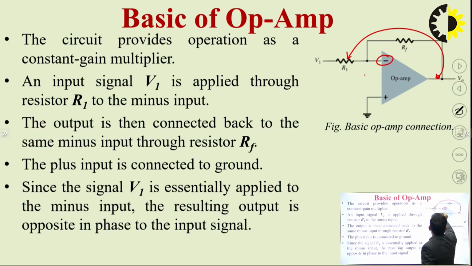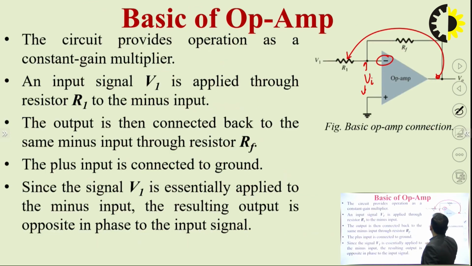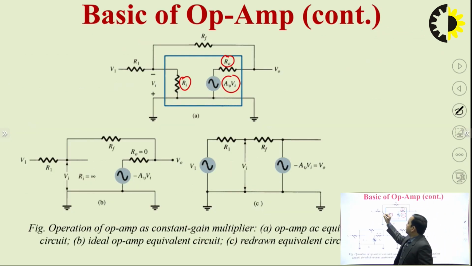Let's say this is Vi. Now we have R1 and RF. This one was R1 and this one was RF. So we just put R1 and RF in the equivalent circuit, and this will be our final equivalent circuit.